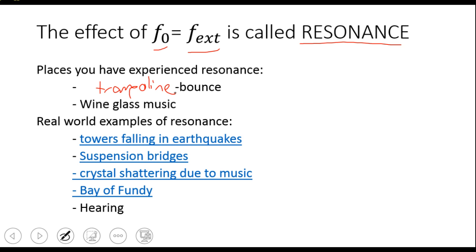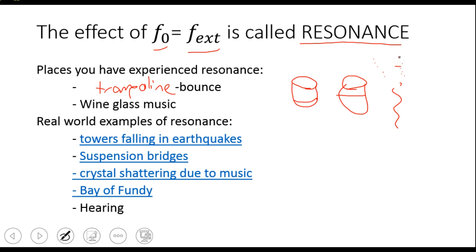Wine glass music is pretty fun. As you put different levels of water in a wine glass and spin your finger around the edge of the glass, they make different noises. Those noises are based on the frequency at which that glass is oscillating. As that glass oscillates and moves back and forth at an atomic level, it moves particles in the air back and forth at different speeds or frequencies, and you get different sounds.